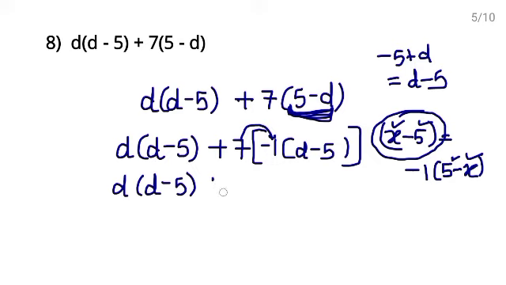So now this will be minus 7 into d minus 5.